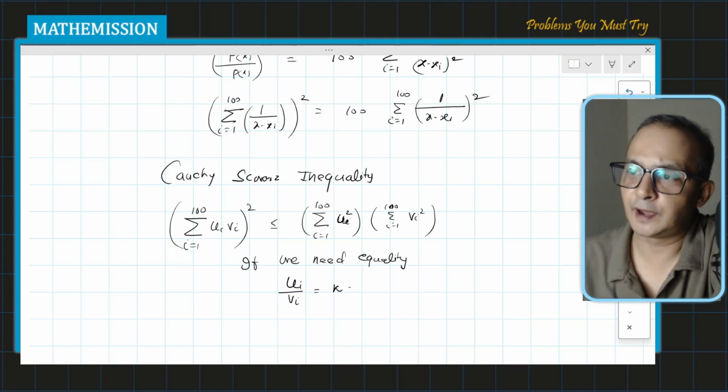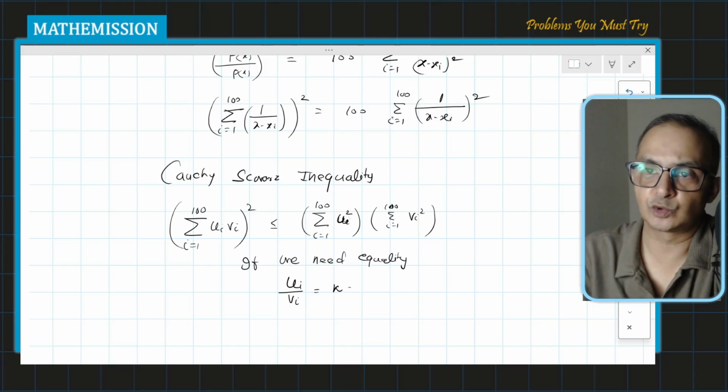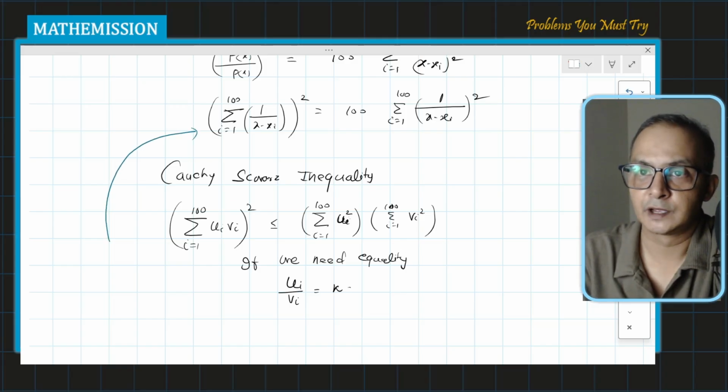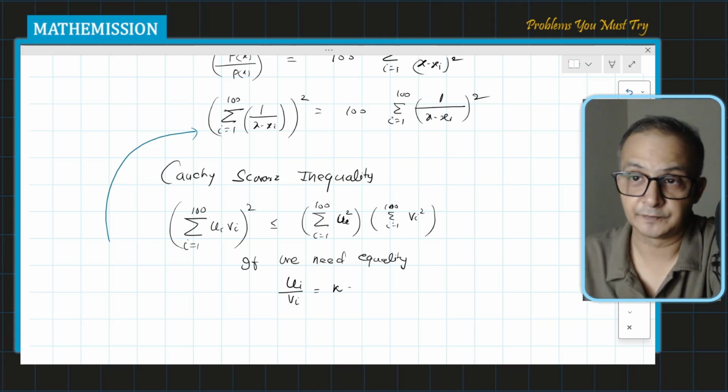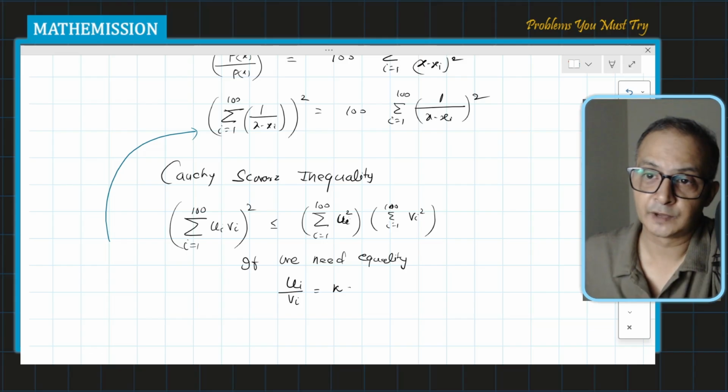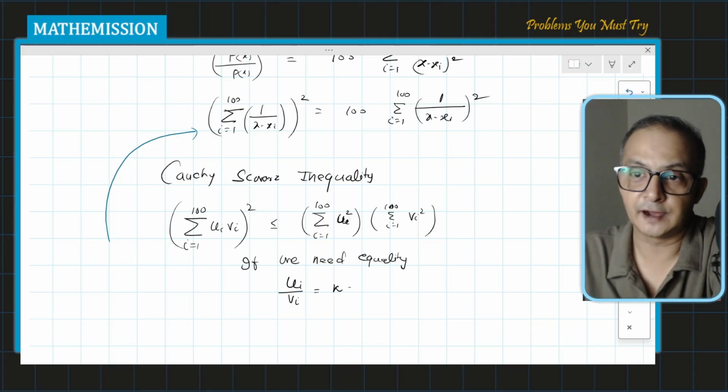So can we apply this Cauchy-Schwarz inequality over there? Notice in this scenario I don't have two different series, but we can make it. How can we make it? I consider that each vi is 1.